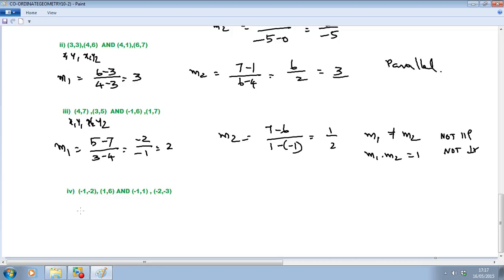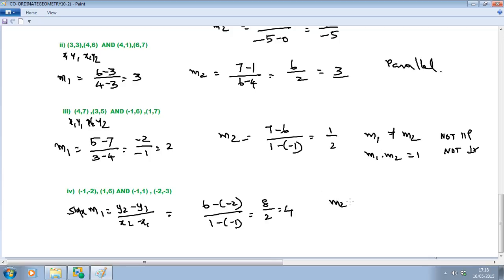So now in each problem we will write the formula first. Slope m1 is equal to y2 minus y1 divided by x2 minus x1, equal to 6 minus of minus 2, divided by 1 minus of minus 4, which is 8 divided by 2, equal to 4.